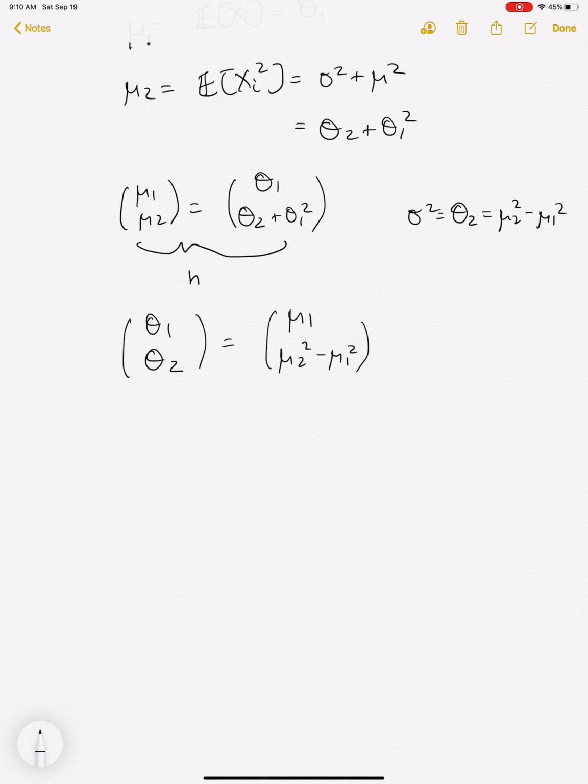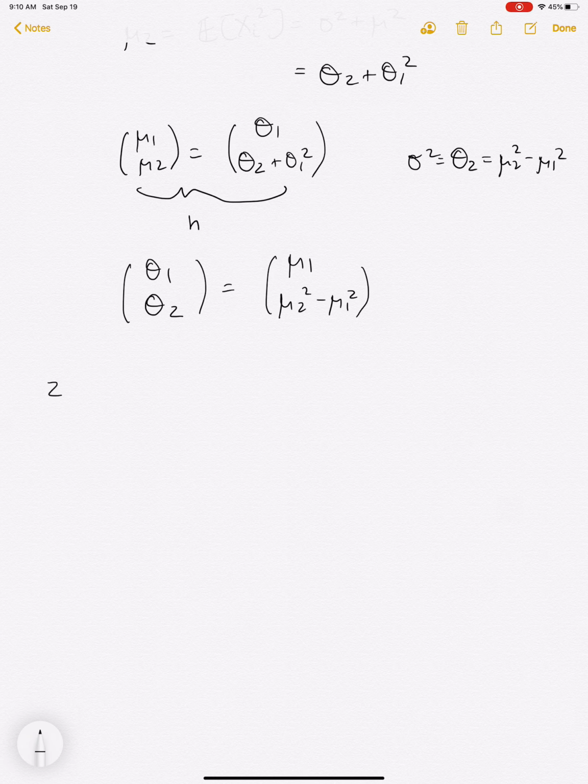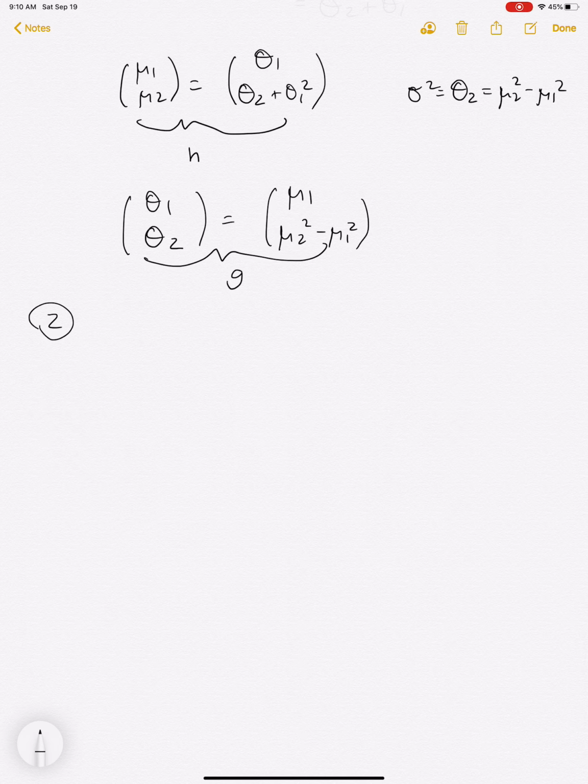And so now let's apply step 2. This is going to be our g function, a two-dimensional function. We know that mu hat 1 is equal to the sample mean, which is 1 over n times the sum of the x_i, and then mu hat 2 is equal to 1 over n times the sum of the x_i squared. These are just the sample moments.